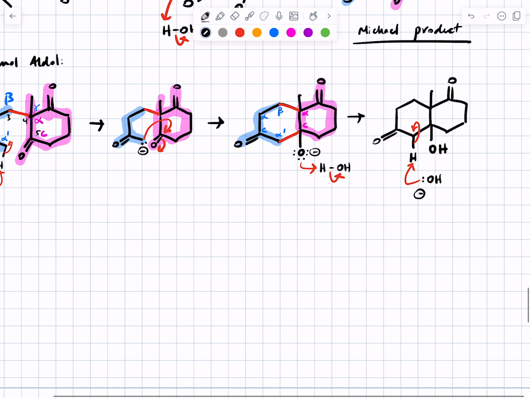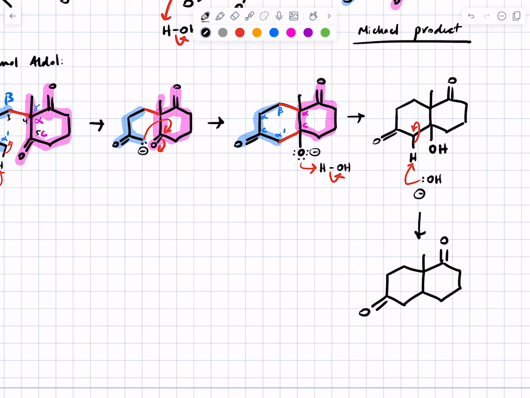We deprotonate the alpha carbon to make the enolate, and then, and only then, can we kick off the OH group as a leaving group, and that makes the desired cyclohexenone product shown here.